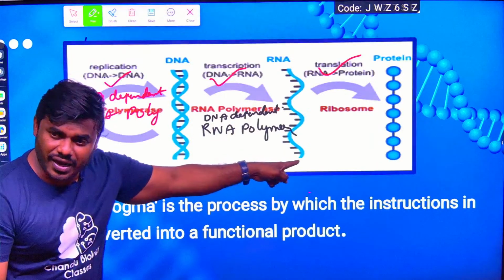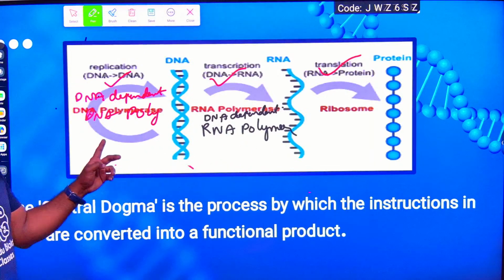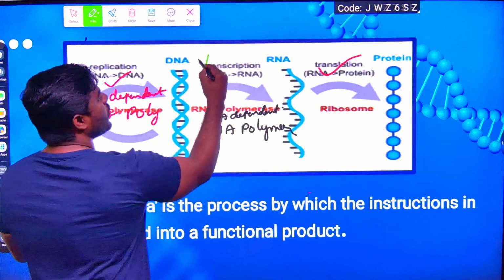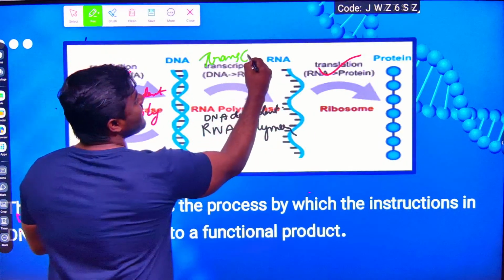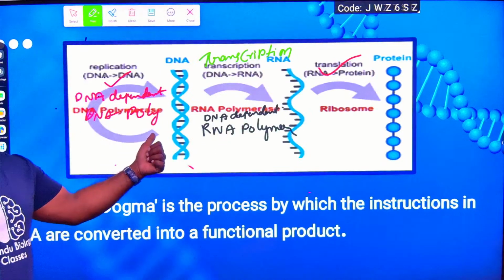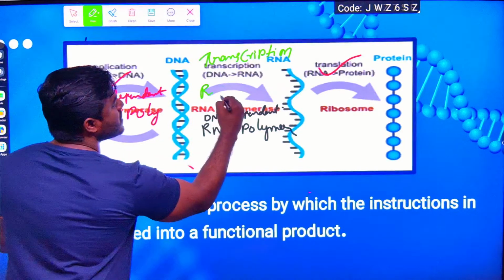At the same time, RNA can also give rise to DNA. Correct na? The process of synthesis of RNA from the DNA, what do we call it? Transcription. Correct na? And the process of giving rise to DNA from the RNA is called reverse transcription.